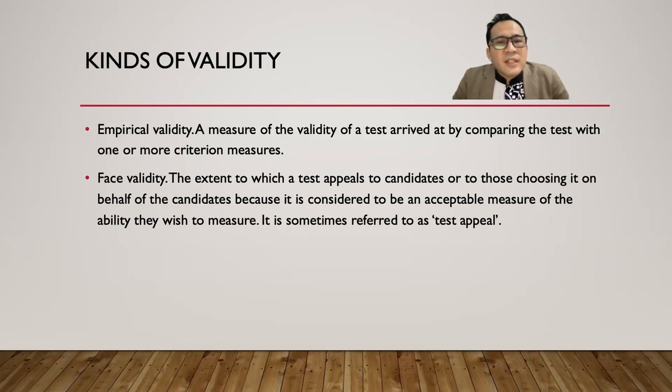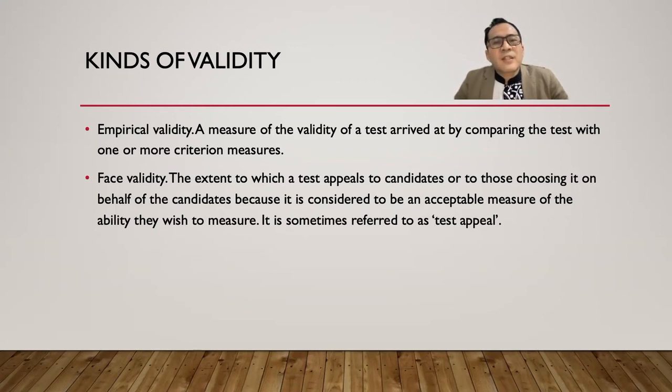Empirical validity, I think, has to do with comparing the results of the measurement. When you have a test or an assessment, and then you have some criteria to compare your assessment with, in this case you have an empirical validity.